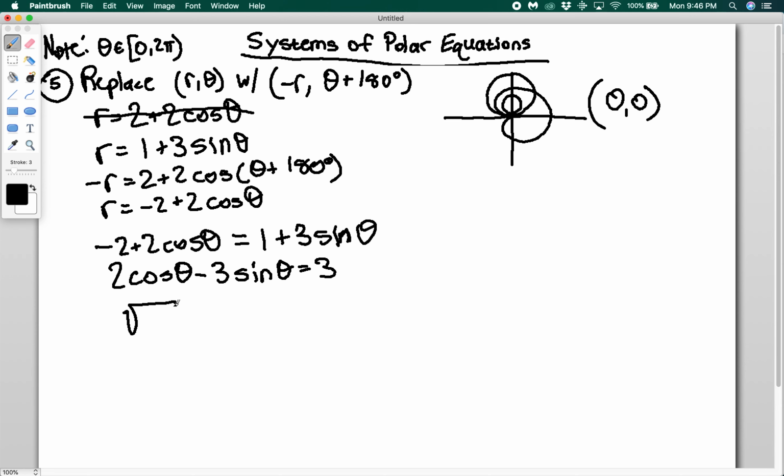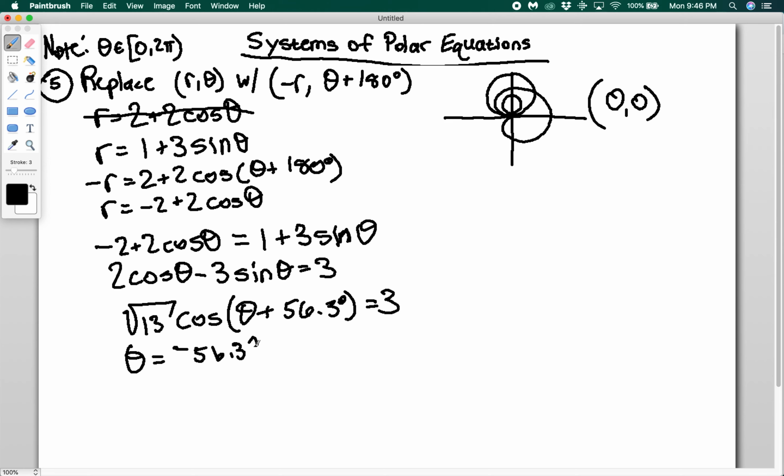And then I have root 13 cosine of theta plus 56.3 degrees equals 3. And then theta is going to be equal to negative 56.3 degrees plus or minus, again, if we do out all the algebra, 33.7 degrees plus 360 degrees n.